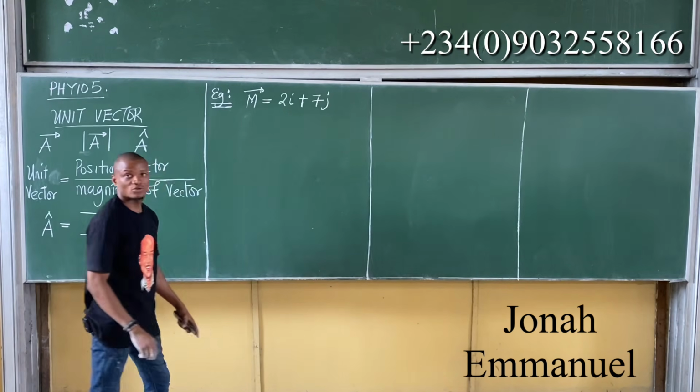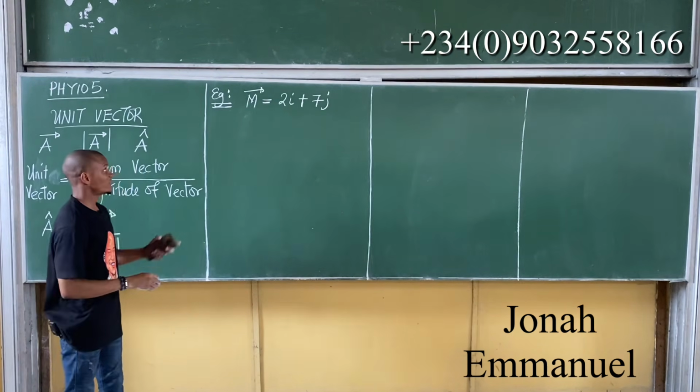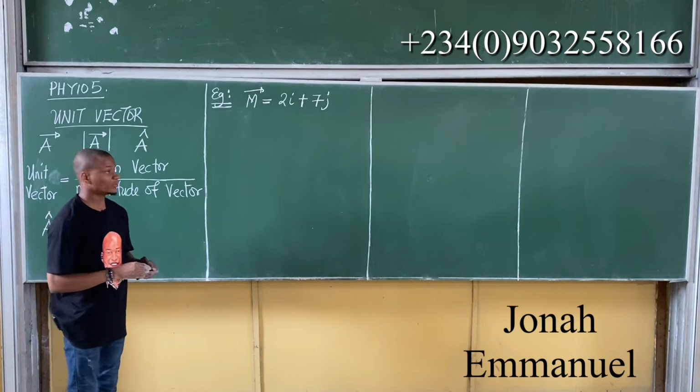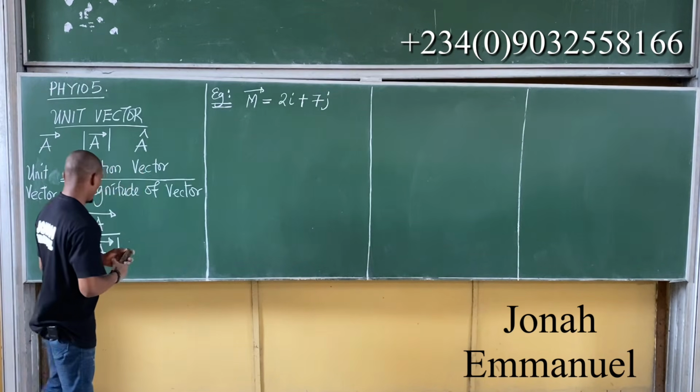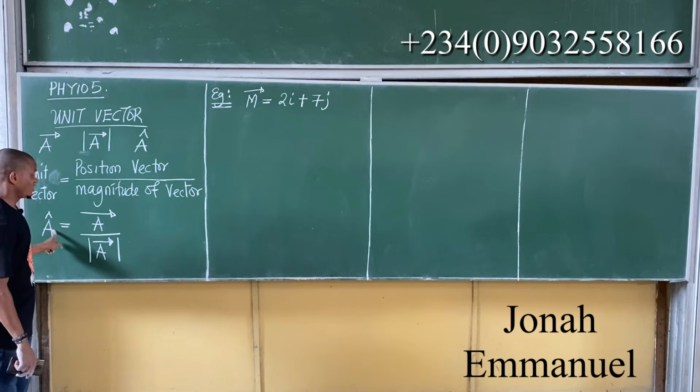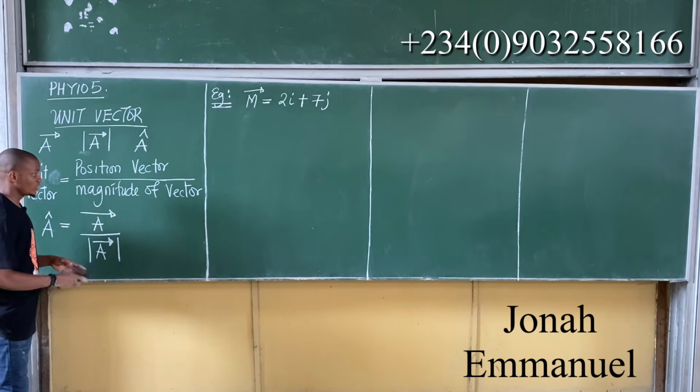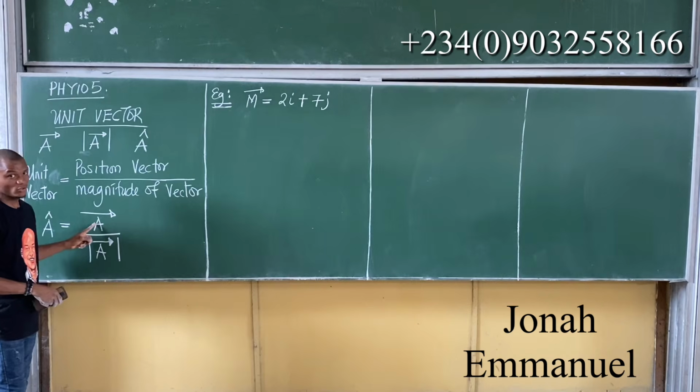Just this. 2i plus 7j. I'm asked to find the unit vector. Now observe that when it comes to getting a unit vector, I need 2 things. I need the position vector. I also need the magnitude of the vector.